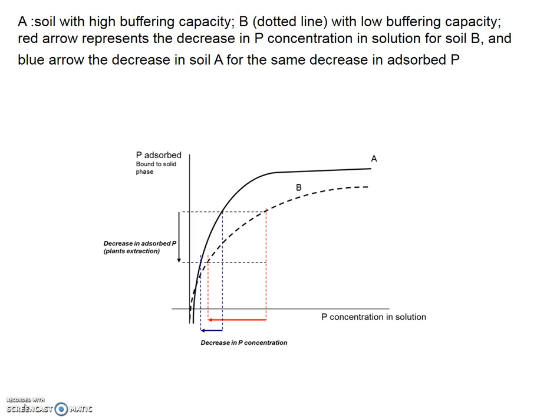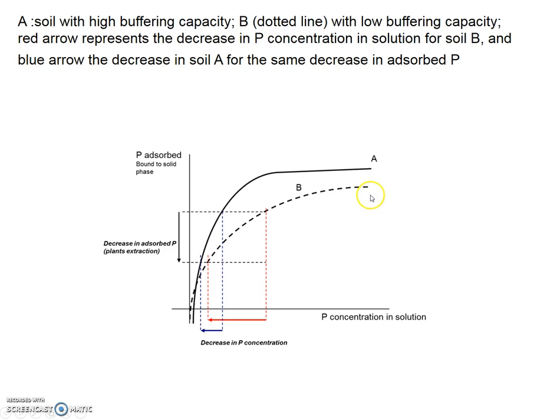The relation between the amount of phosphorus adsorbed and the amount of phosphorus in the soil solution is the buffering capacity. In this figure, we show a soil A with a high buffering capacity and a soil B with a rather low buffering capacity.